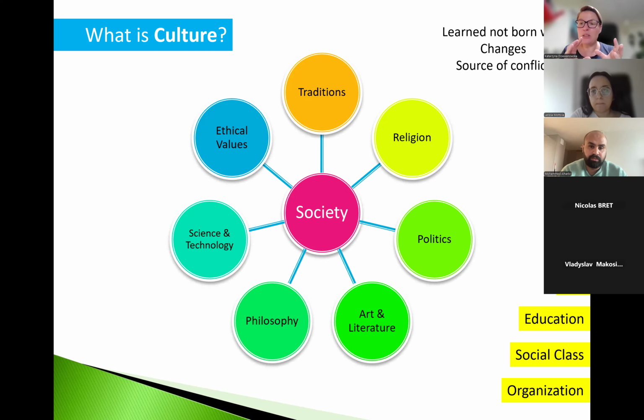For example, traditions, religions, politics, art, literature, philosophy, science and technology, ethical values. And this is something that we learn. We are not born with culture, we learn it, we accommodate it, we accumulate it. It's called the acculturation process. And culture also changes with time and with the influence that we have from outside of our culture. And that's the beautiful thing.